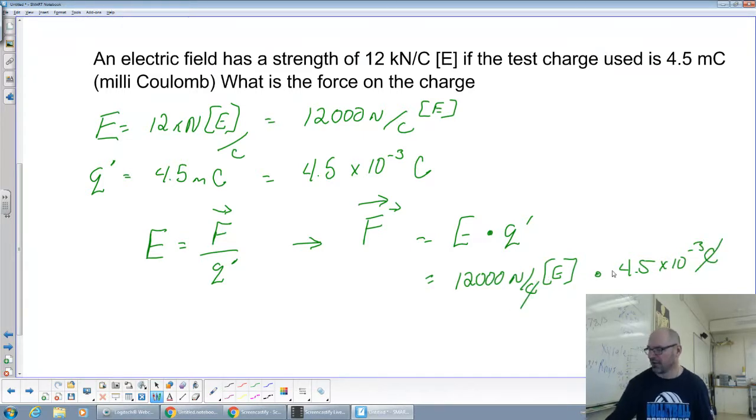That's why you could have left it in kilonewtons, because then your answer would have come out in kilonewtons, since the only thing that cancels out is the coulombs.